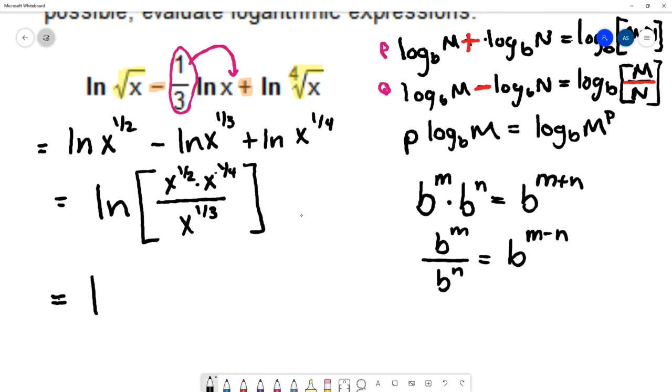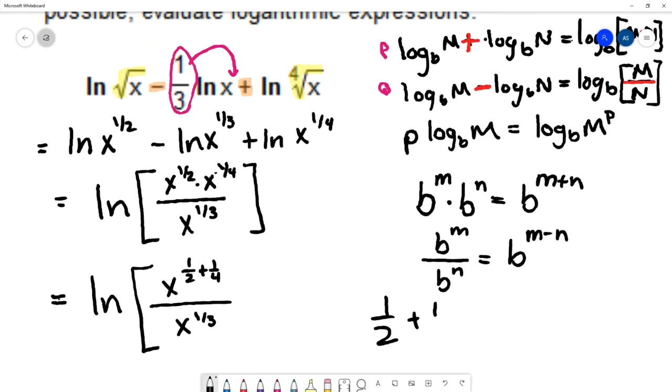So we're going to do x to the 1/2 plus 1/4 over x to the 1/3. So I need to combine those together. 1/2 plus 1/4, I need a common denominator. So I'll multiply by 2 over 2.